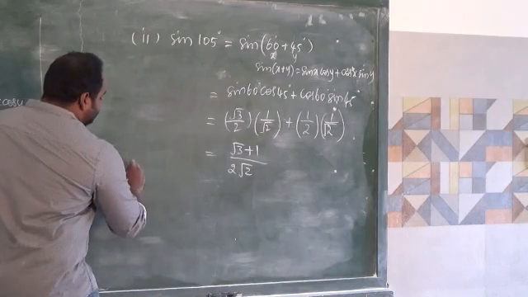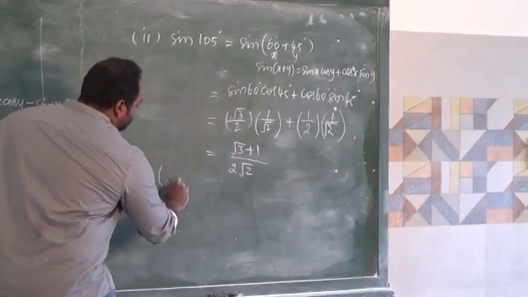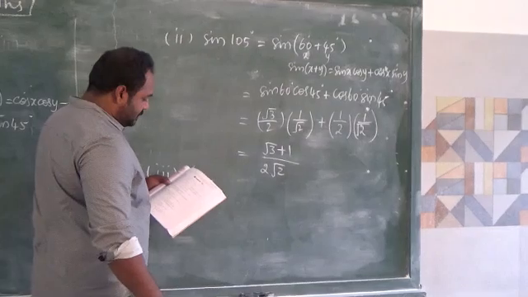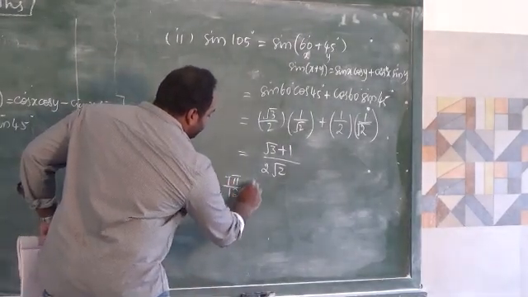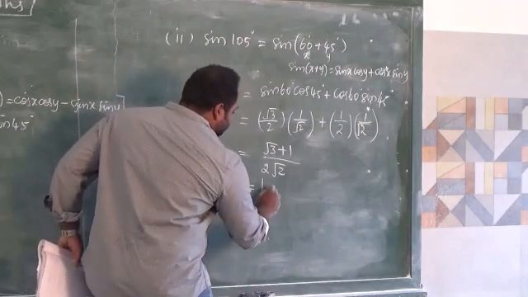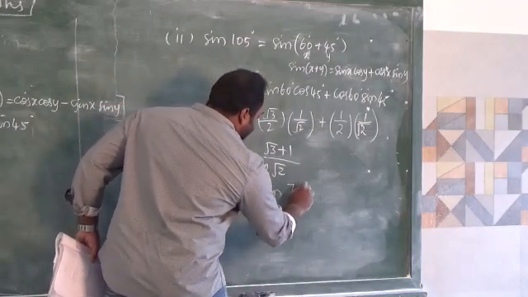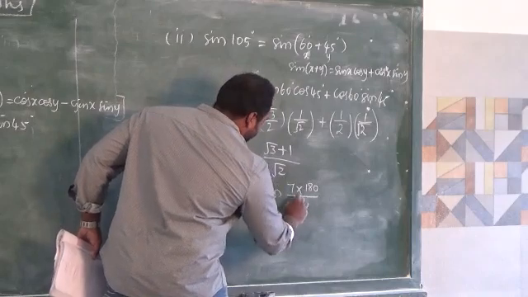Next, the third one, tan 7 pi by 12. First I am going to change it to the degree format. It is 180 by 12 times 7.